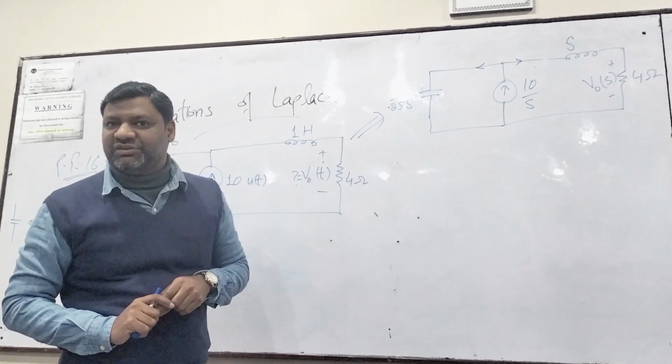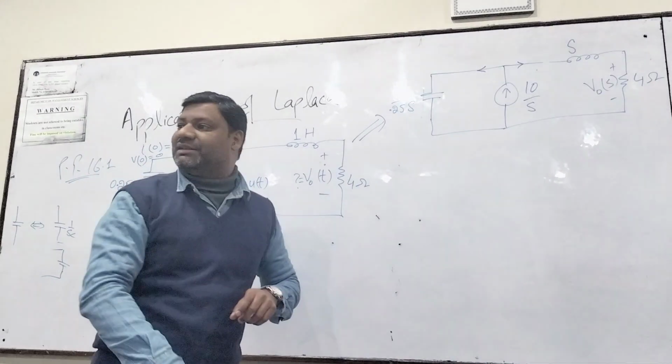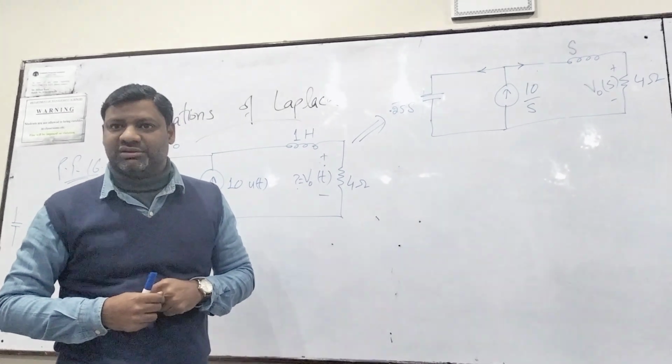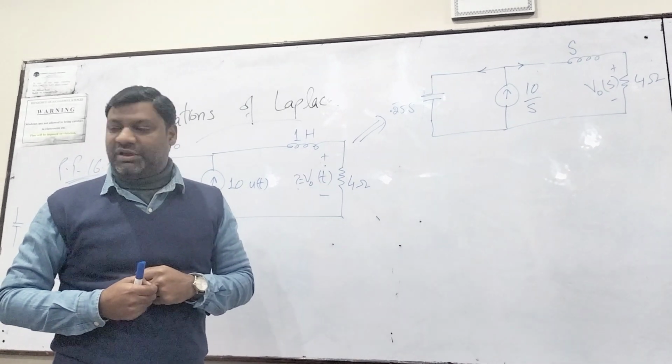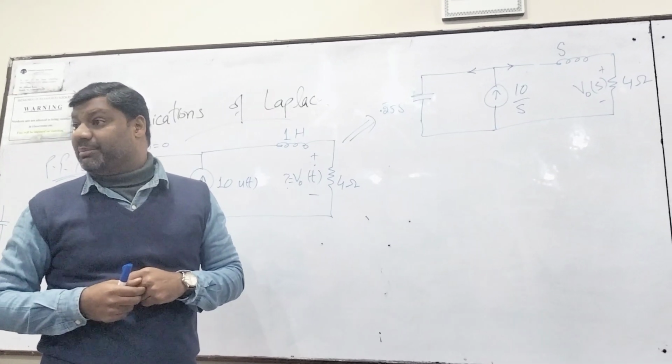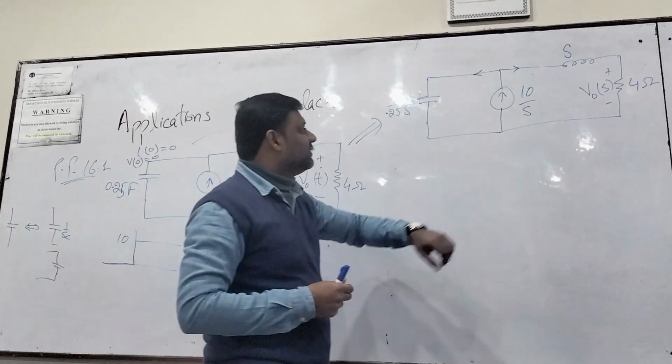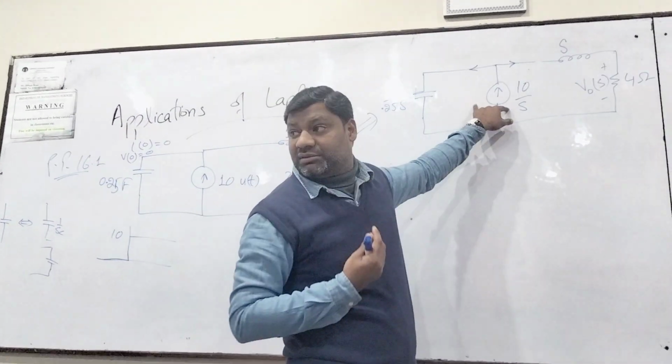But for me, when you apply voltage divider, you have to apply another technique as well, source transformation. When you are applying KVL or mesh analysis, you have to apply super mesh.